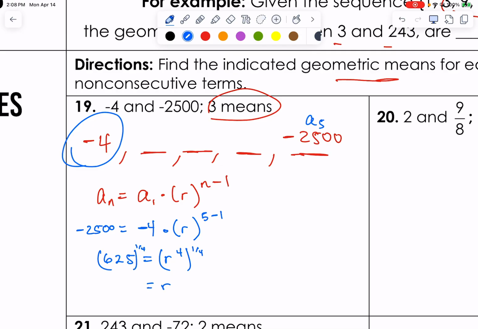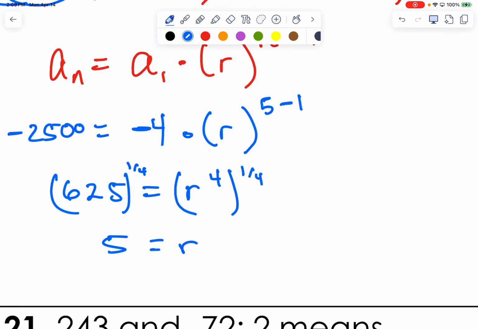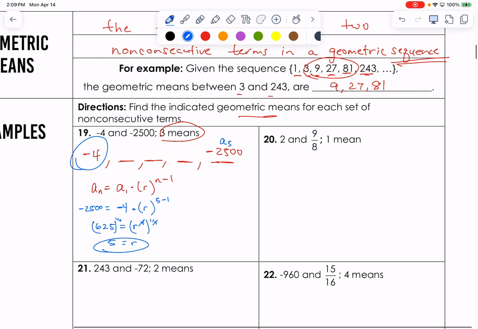So r equals 5. Do you see why 1/4 power works? In power towers, the 4 and the 1/4 cancel. That's why the fourth root gets rid of the fourth power. All right, r equals 5, but you could just do the fourth root if you wanted to.